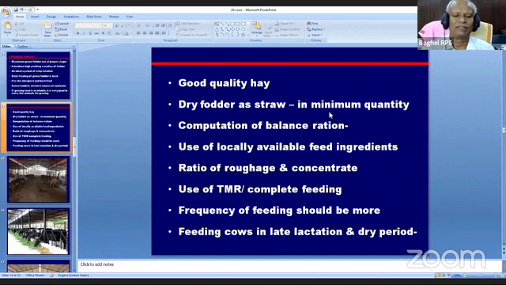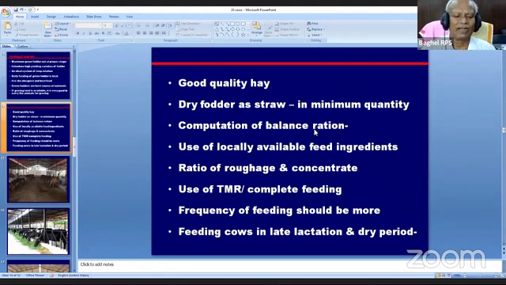But dear friends, for high producing animals, this straw is not of good quality, because its nutrient content is very poor. So try to minimize the use of dry straw for the animals. Instead, try to use more good quality hay or green fodder.